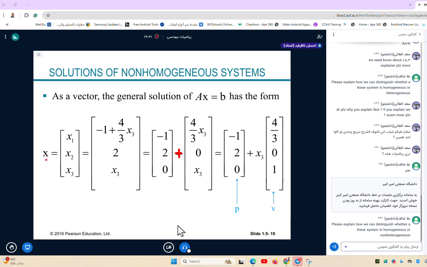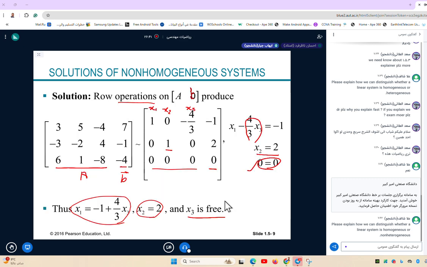Excuse me, doctor. Okay, sure. Now, if I use 3 for x3, then x1 will be 3?